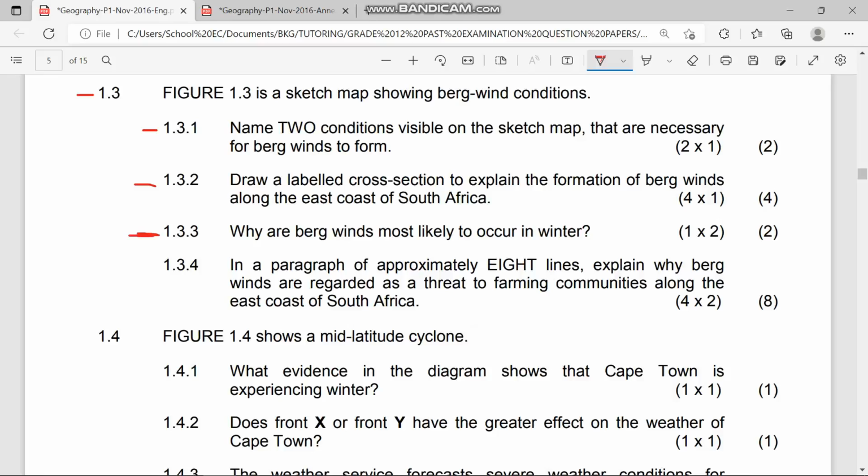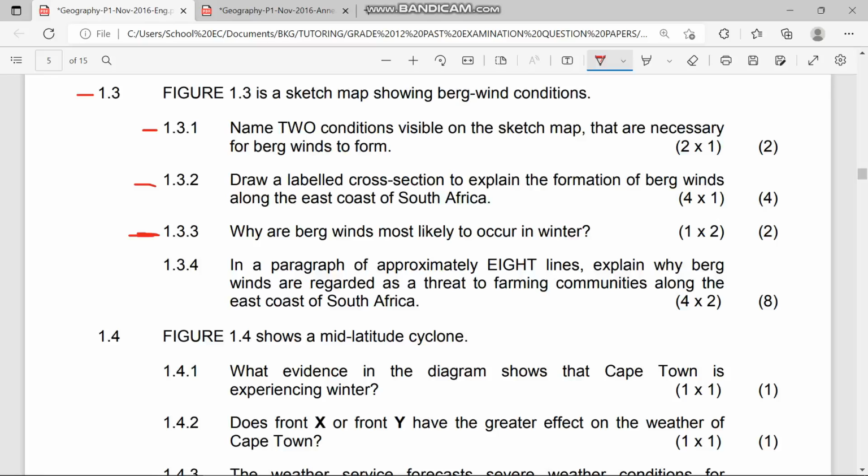Why? Because the 30 degrees south of the equator pressure belt moves northwards to be dominant in the interior of South Africa, causing high pressure there. If it is causing high pressure, the Kalahari High will be dominant or visible in the interior of South Africa.